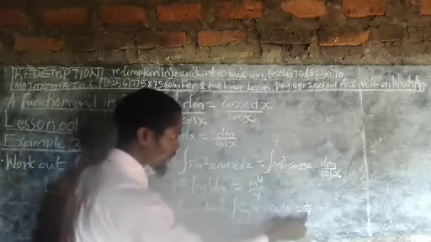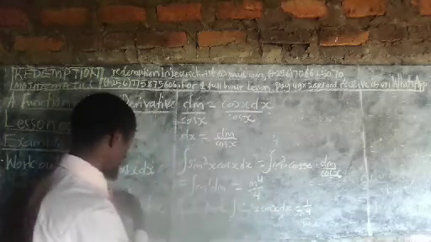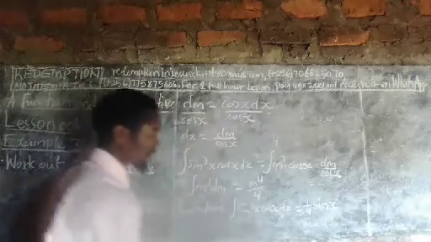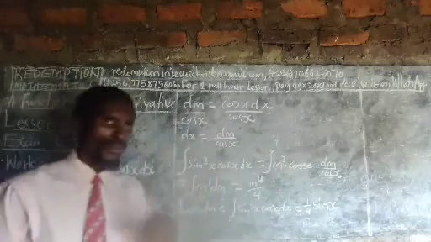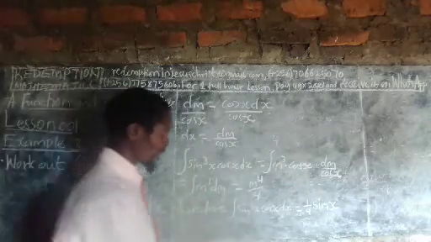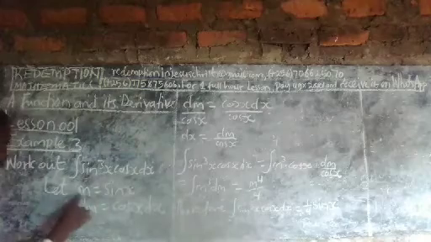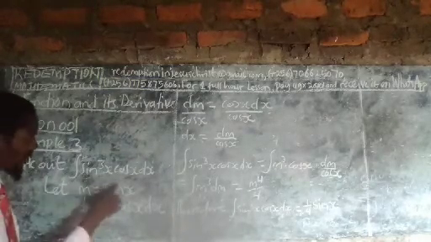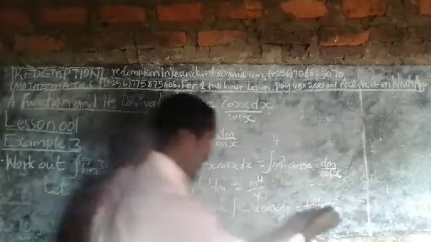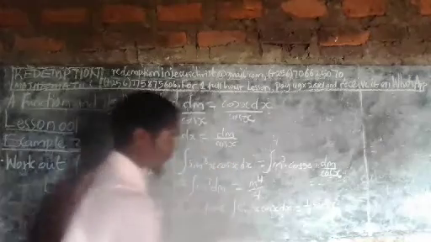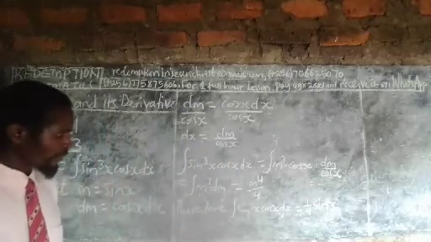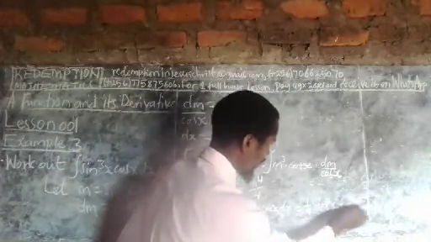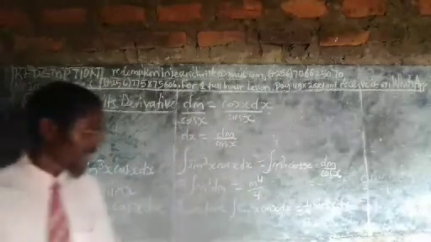So if m is sine x, then m power 4 is sine power 4 x. Then of course, since we don't have the limits of integration, we shall add a constant, as you can see.